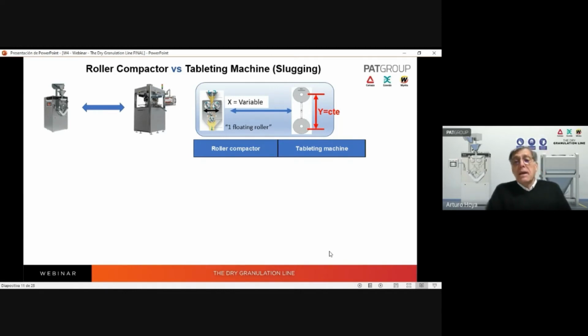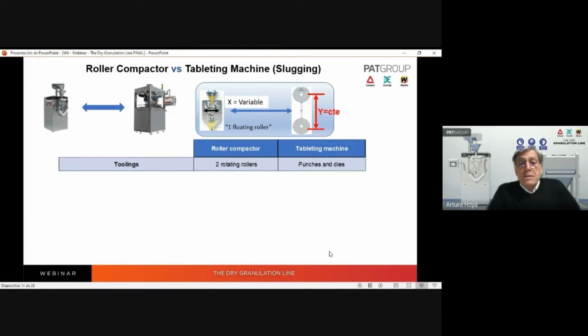Let me show you this comparison. Roller compactor, tablet machine. For example, toolings. Roller compactor has two rotating rollers. One of these rollers is a floating roller that permits a variable distance between rollers. In the case of the tablet machine, punches and dies have a constant distance.